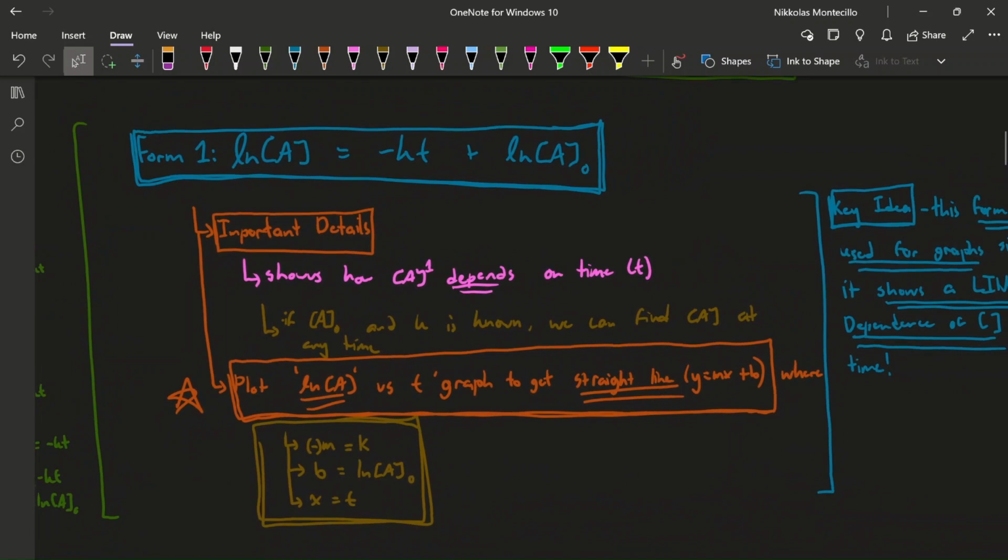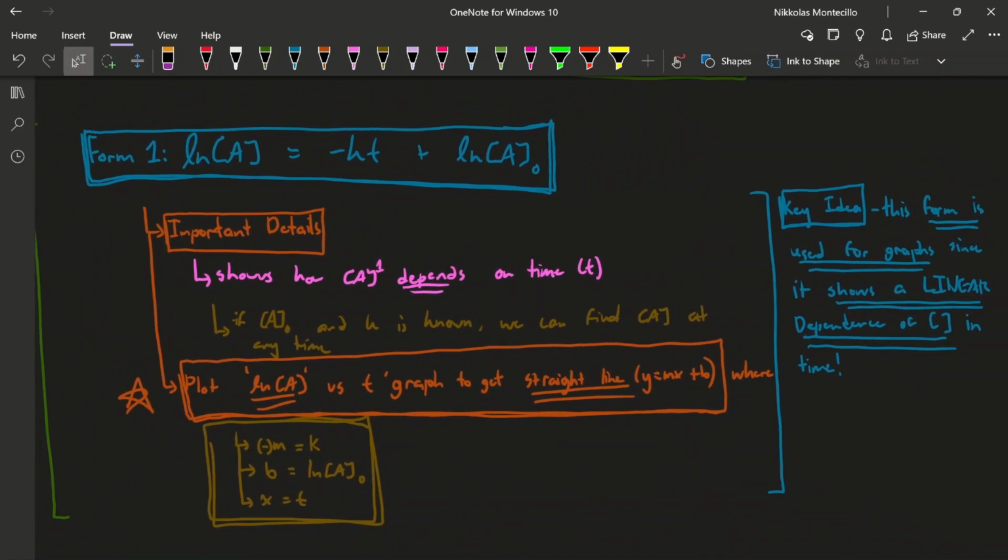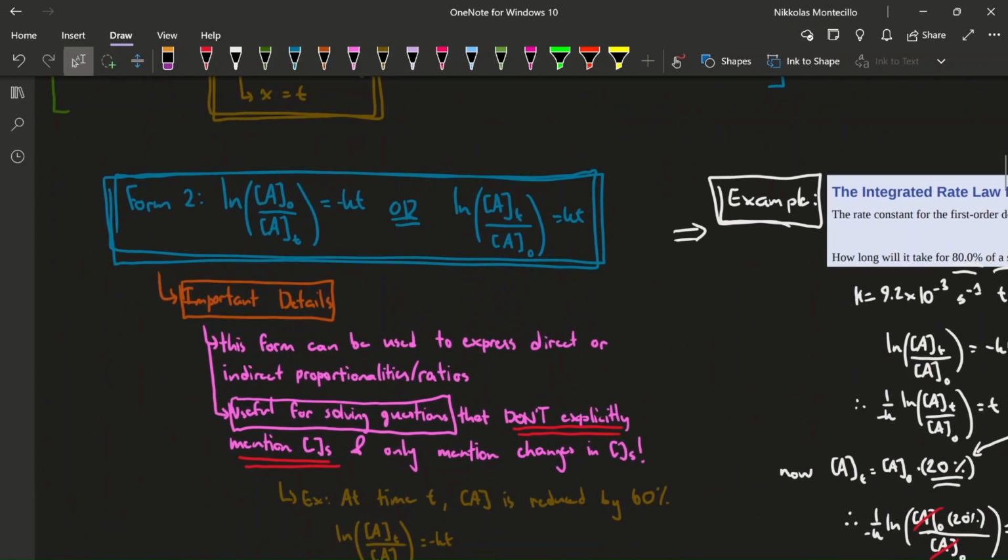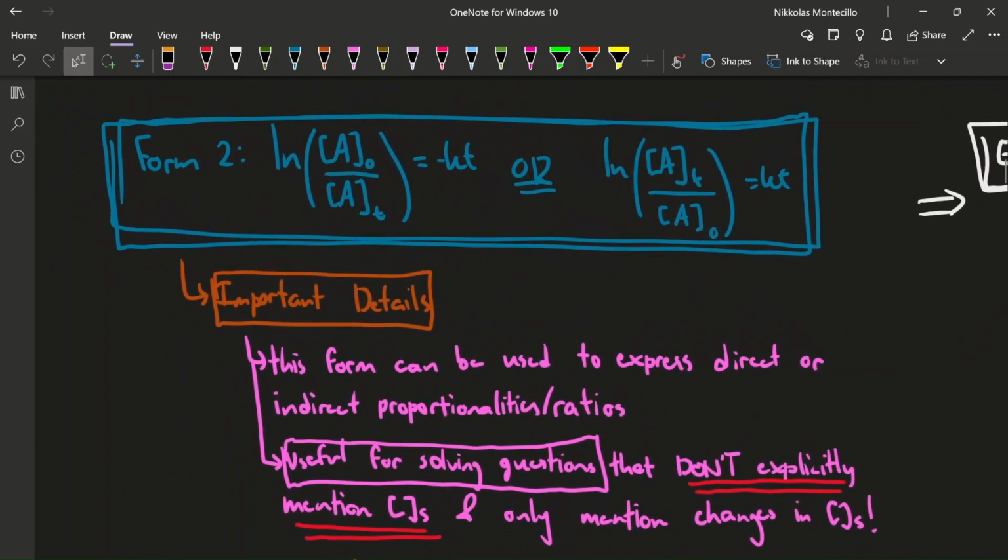And showing that linear dependence of concentration on time. This second form is expressed as a ratio, right? Where the natural logarithm of the initial concentration divided by the concentration at any given time is equivalent to negative kt.